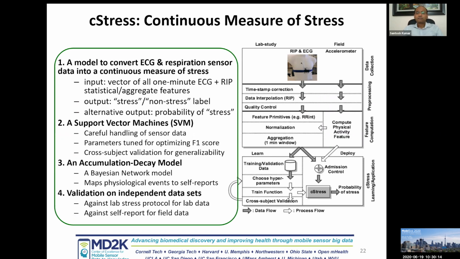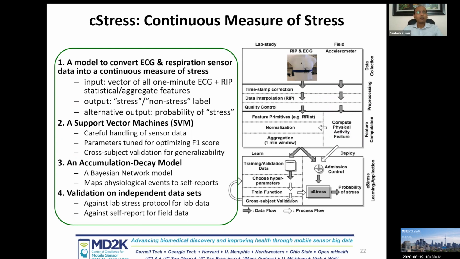And because of the unbalanced data set, there was optimization of the hyperparameters. And finally, our solution to the confounding events was that when there was sufficient physical activity on the torso that can affect the physiology more than can be affected by stress, then we suspended the assessment of stress.